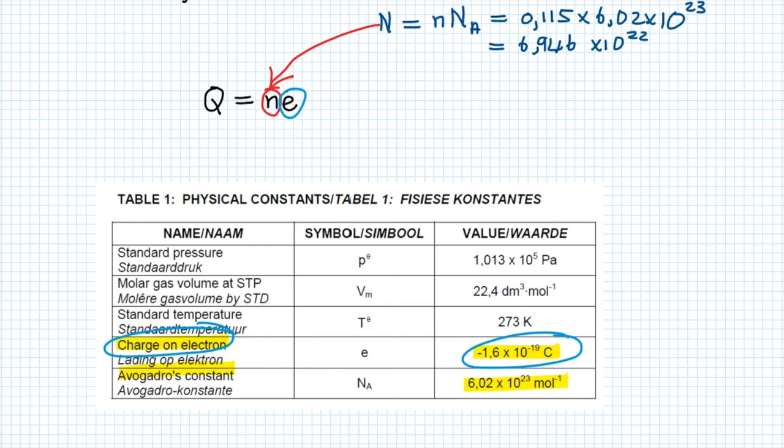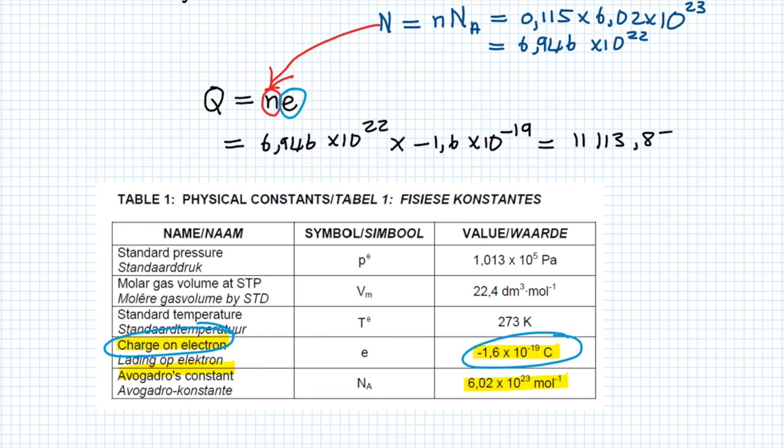So this is going to equal 6.946 times 10 to the power of 22. We're going to take this and multiply it by the charge on an electron, which is negative 1.6 times 10 to the power of negative 19. When we multiply these values together using our calculators, we end up with 1113.85 coulomb as our final answer to this question.